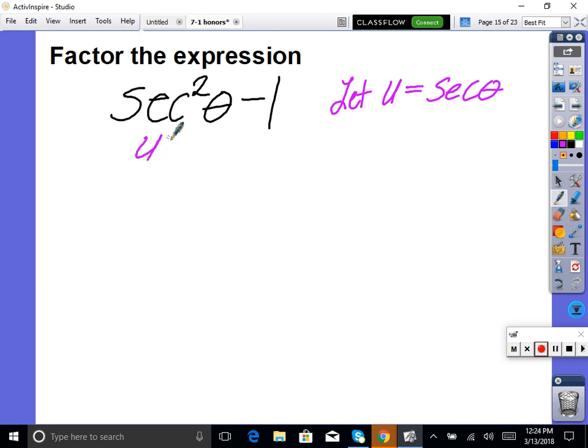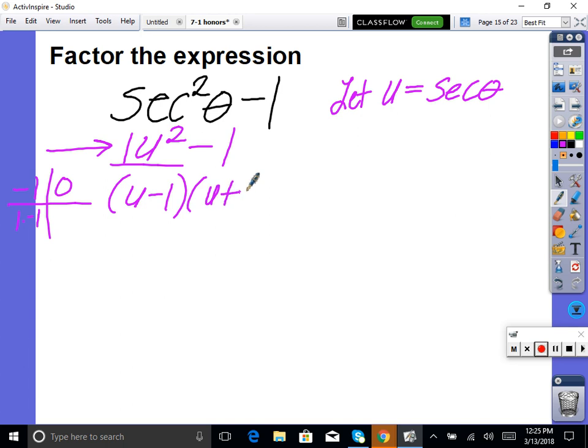That way we can write it prettier. So that would make this U squared minus 1. We do this in calculus because now the calculus on this is really easy. So our factoring is really easy here. We do what multiplies to be negative 1 and adds up to be 0. 1 times negative 1. We can quick factor. So this factors to be U minus 1, U plus 1. You'd say, there's my answer.